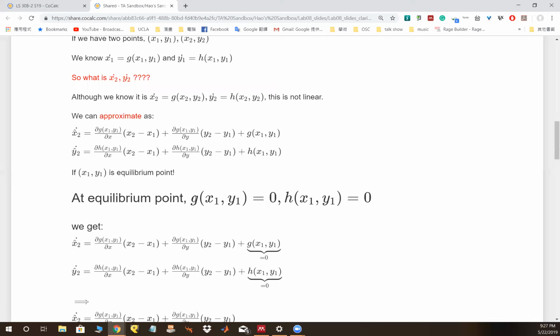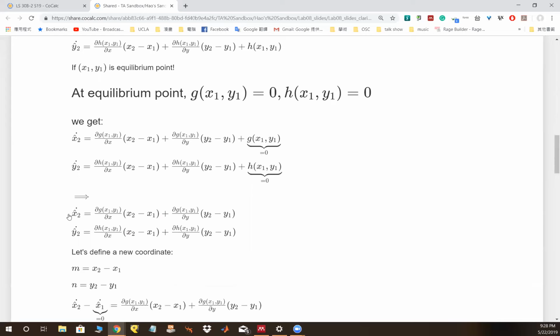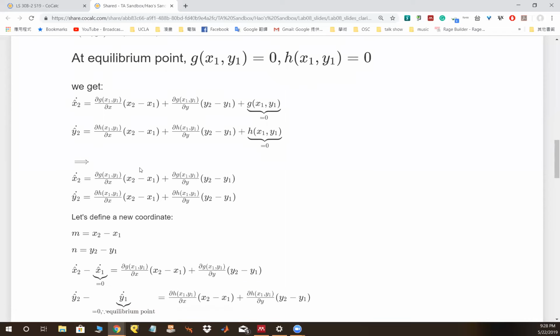So at the equilibrium point, what we know is g of x1, y1 is 0, right? h of x1, y1 is 0. So if you put this condition back to here, what do we get? The same thing, right? But these guys are 0, so remove them. And now we get this: x2 dot equal to that plus this, multiplied by this, right? This is what we get.